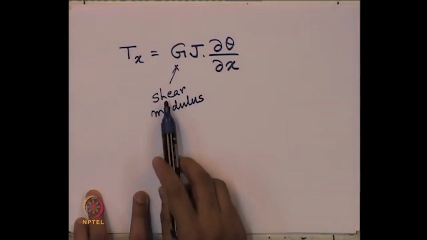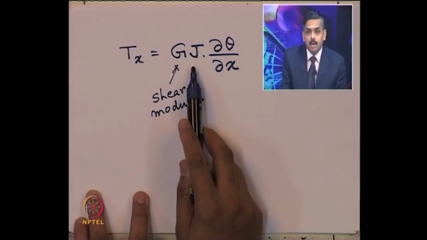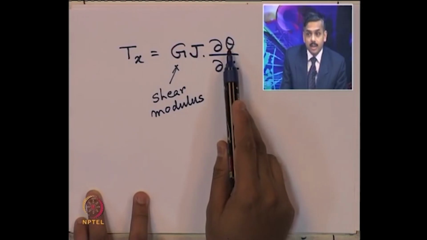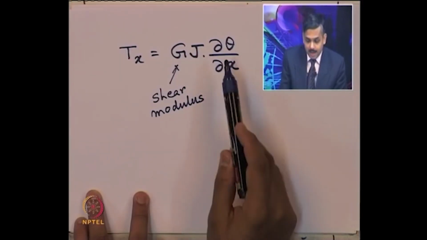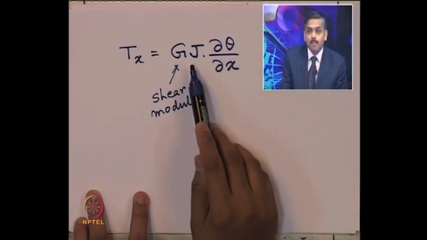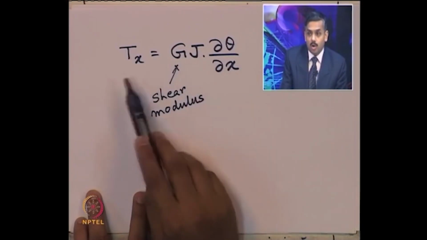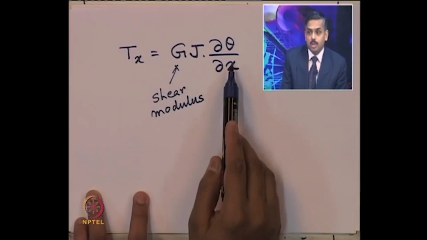J is the polar moment of inertia in terms of area. Theta is the displacement, so del theta del x gives me a rotational strain, right. If you multiply that rotational strain with G and J, you will get the torque. That is the common relationship between torque and rotation.